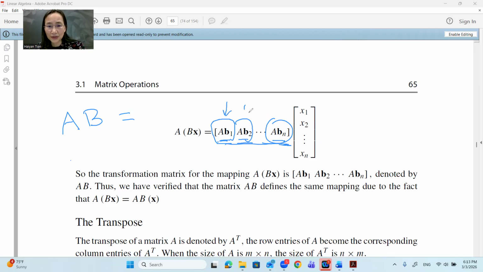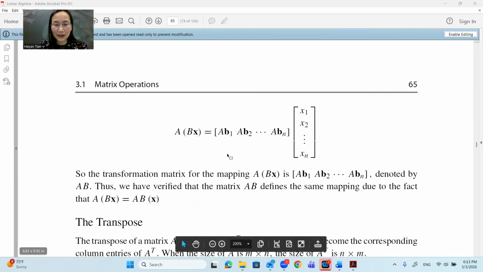So you have a total of n columns, right? That's the product. So with that, we know how to multiply A by a column.